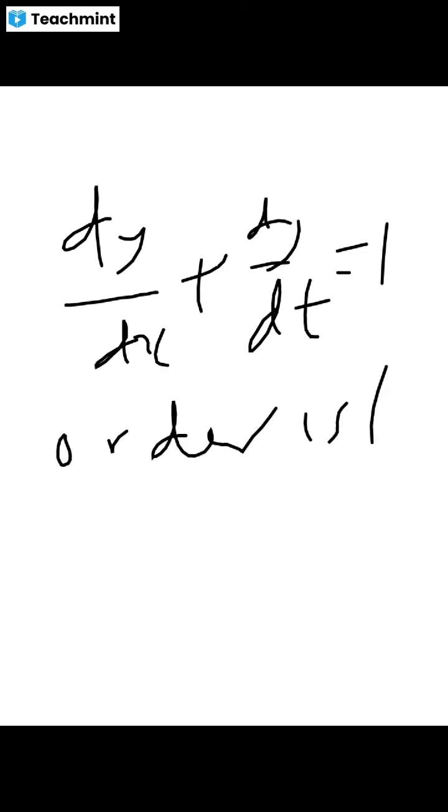So the order of this one is 1. That is how the order of a partial differential equation is determined. As we continue, we are going to be discussing how to deal with each of those orders and each of the other classifications that we have discussed earlier.